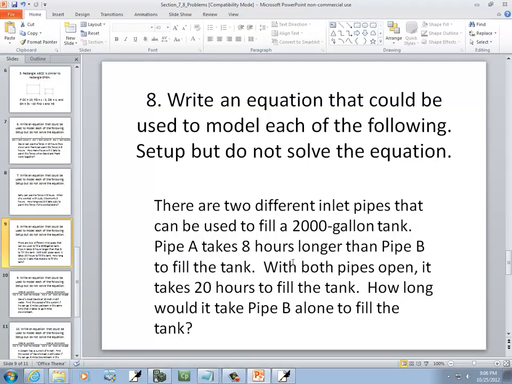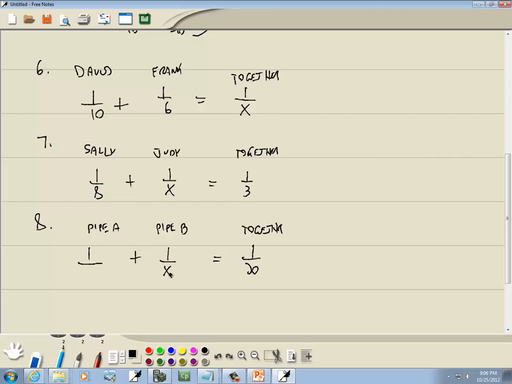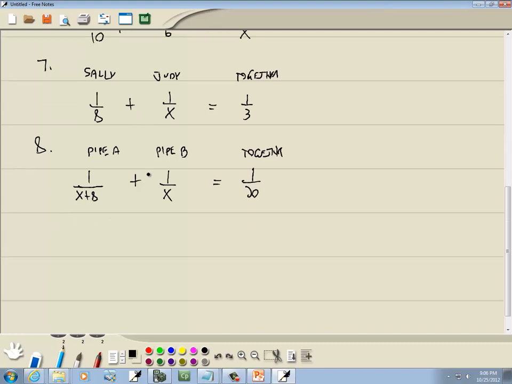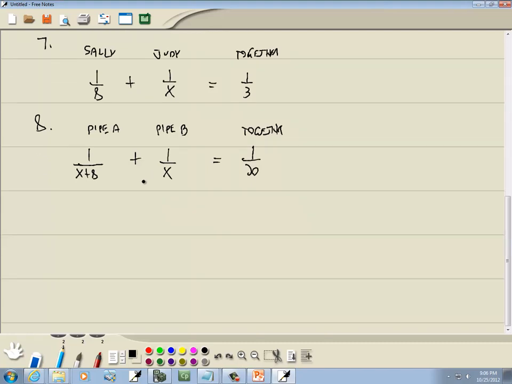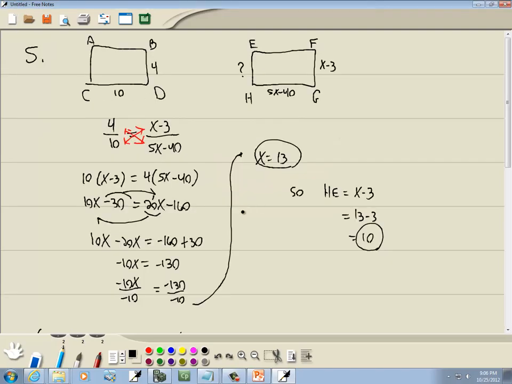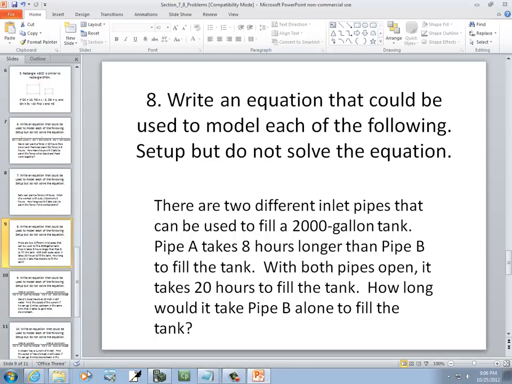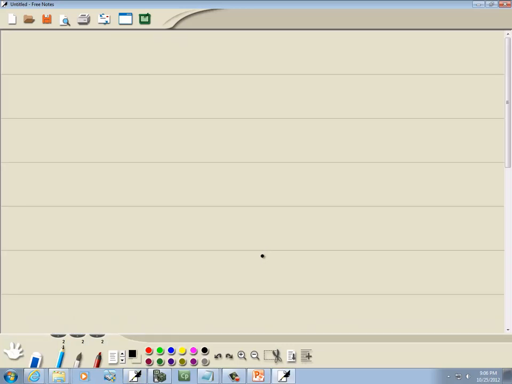Now Pipe A takes 8 hours longer than Pipe B. Well, if Pipe B is x, and this takes 8 hours longer, this will be x plus 8. And that'll be our setup. Of course, if we wanted to work it, we could solve those with what we know about rational equations now.